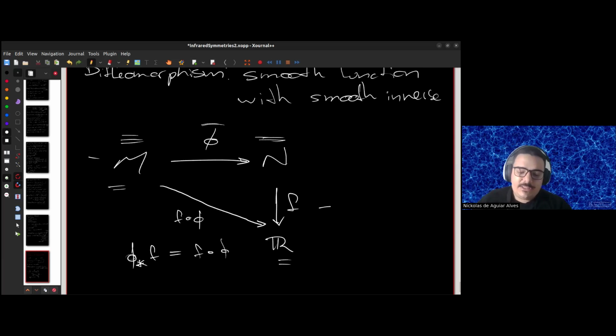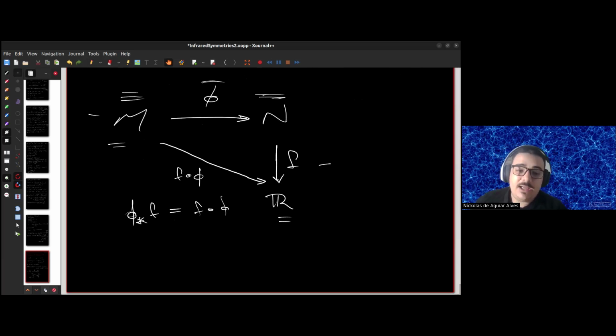A comment about notation is important here. I like to write pullbacks with this notation. Mathematicians like to write pullbacks with a star at the upper part, an up star instead of a lower star. This is just a notation convention.